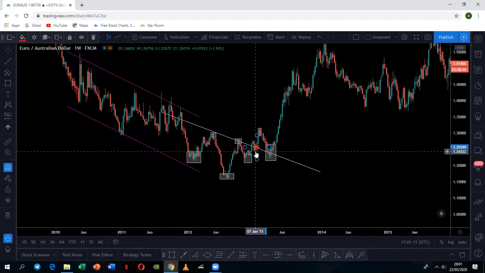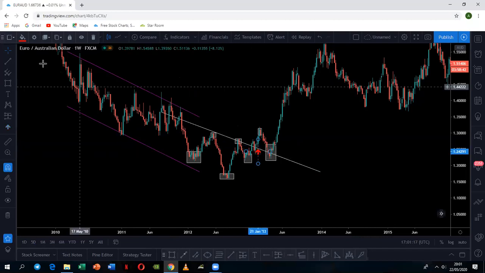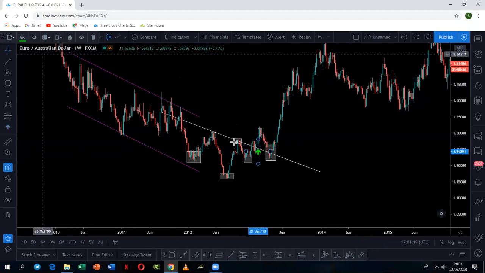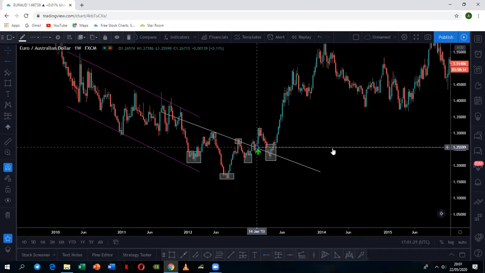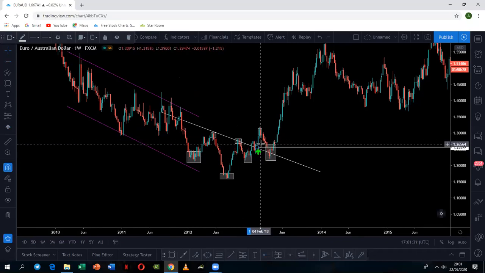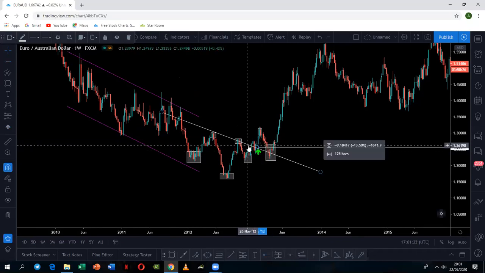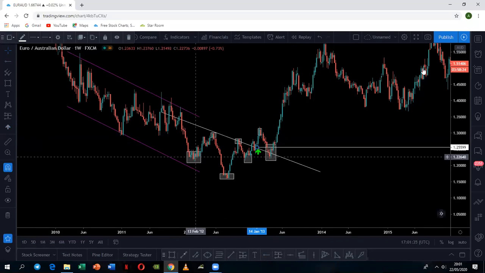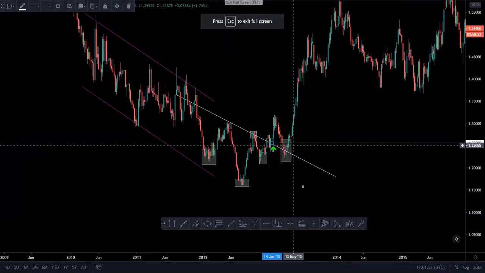So this was a buying point right there. Okay, but the price 0.25599. So that was a buying point.